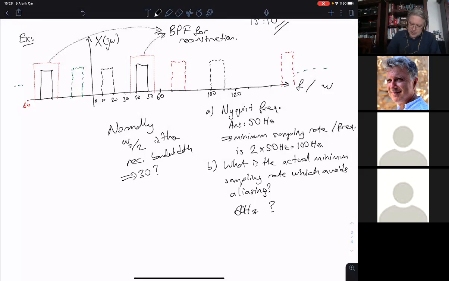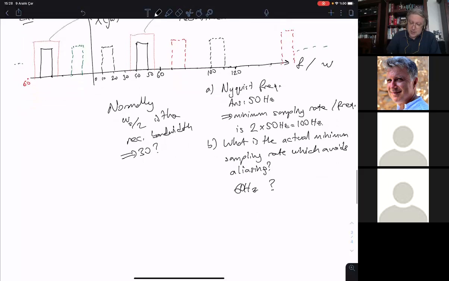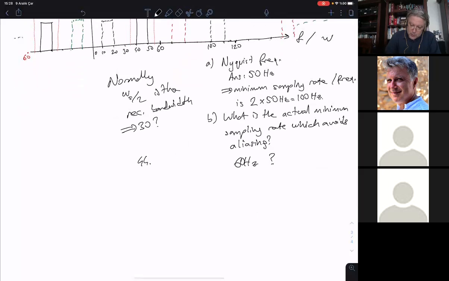And in hi-fi audio, they use 44.1 kilohertz sampling, which is greater than twice of 20 kilohertz, the maximum hearable frequency. But the analog to digital converters first apply a low-pass filter at a cutoff frequency of 20 kilohertz, and then make this sampling.